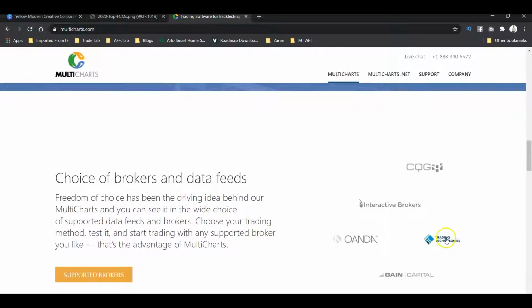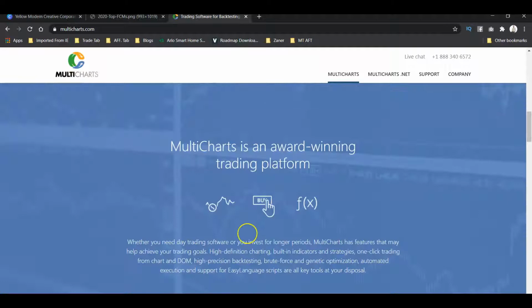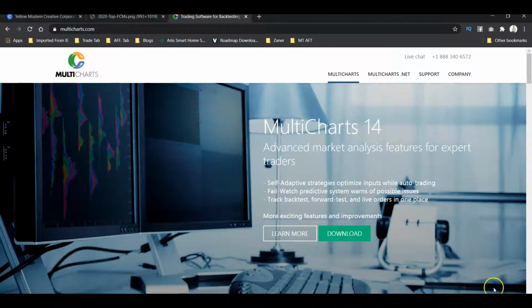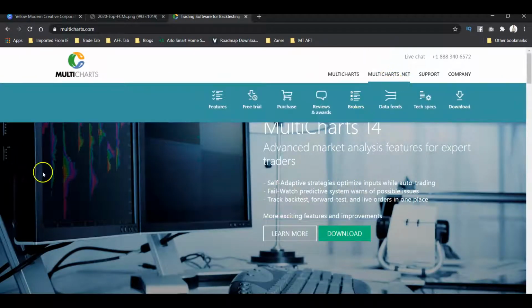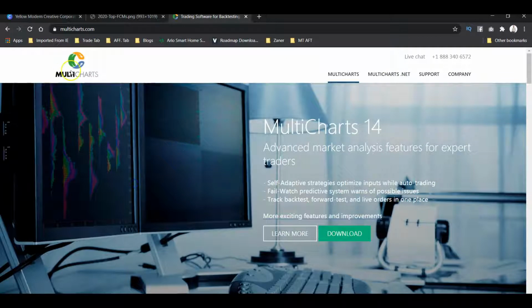So if you had your money sitting at IB, but you wanted charts at MultiCharts, you have the option to chart through there. Again, with these comes a cost, and you have to buy them. You purchase them one time, like $1,200, $1,400. There's a lot of platforms out there that are free. Like I said, again, NinjaTrader is free.